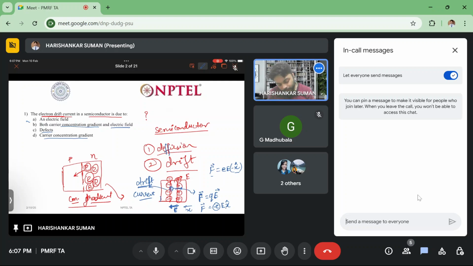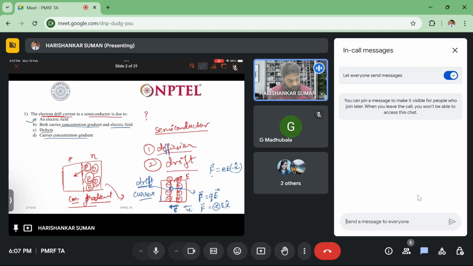Simple, you can see here the current is due to electric field, electrons drift due to Coulombic force. So this phenomenon in a semiconductor is called drift current, which is due to electric field, and this phenomenon happens at the PN junction.